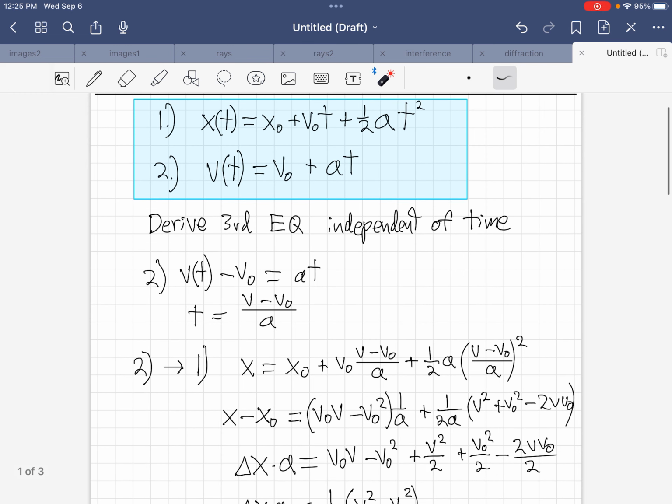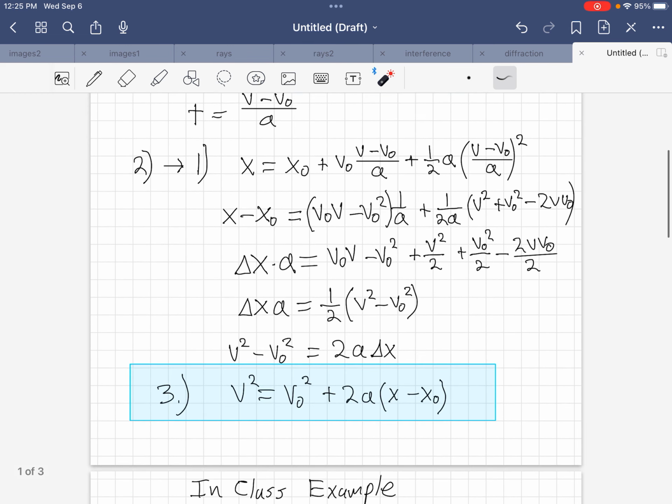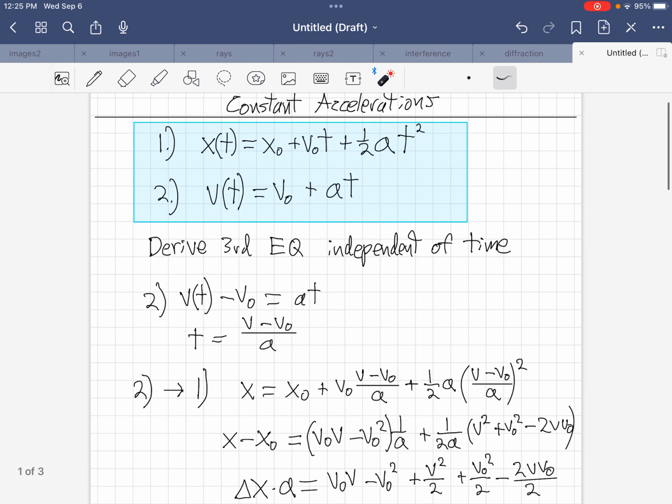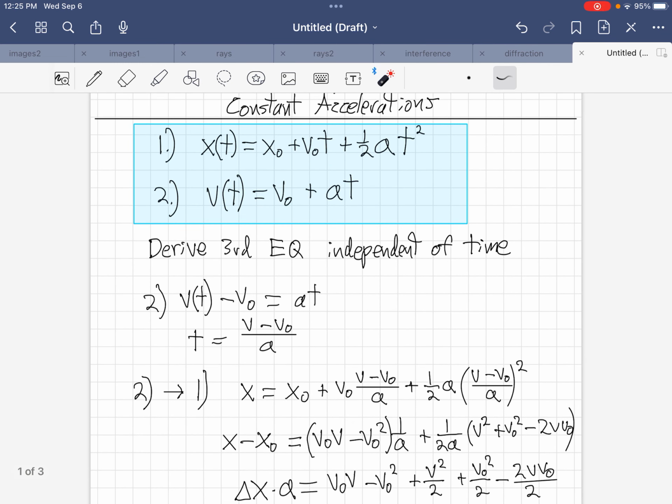When evaluating them and deciding which one to use, I suggest you count how many knowns and unknowns are in each equation. For instance, with equation 1 here for position, we don't know time, so that's one unknown, and we don't know the initial velocity. So this equation contains 2 unknowns, which means we won't be able to solve it by itself.